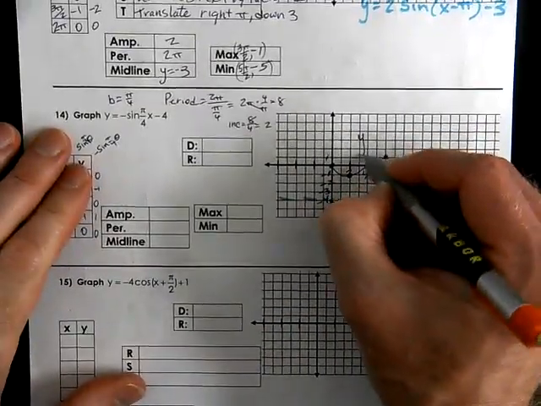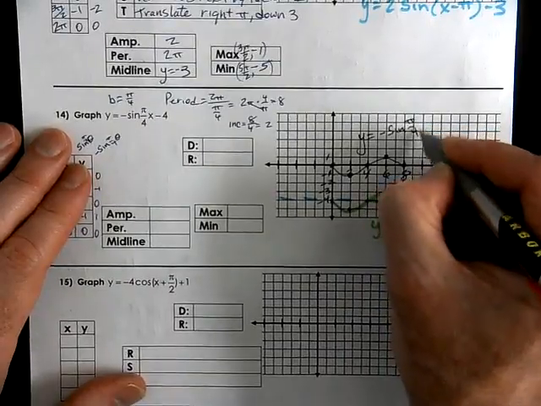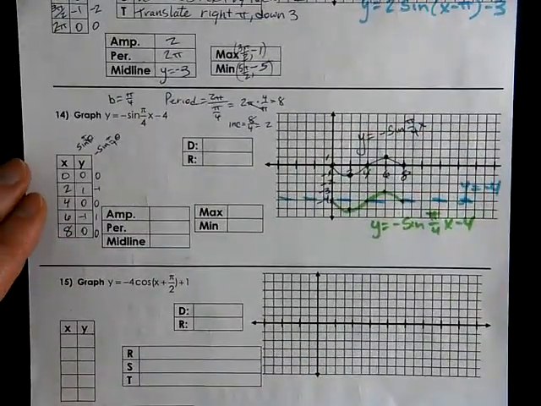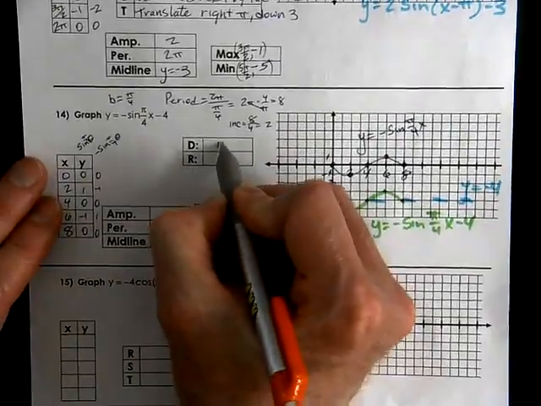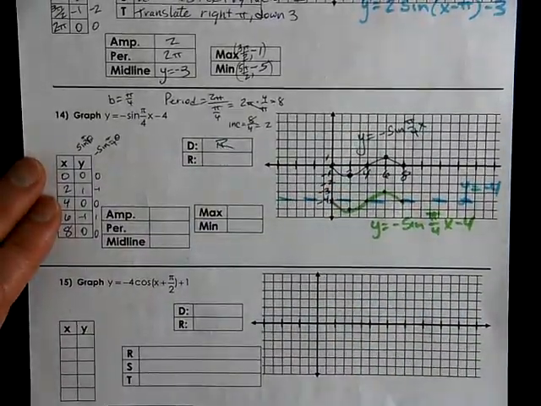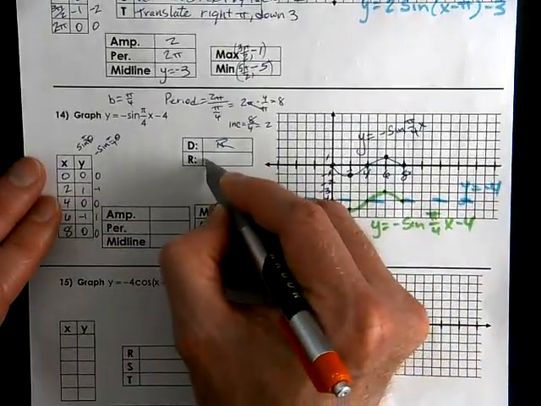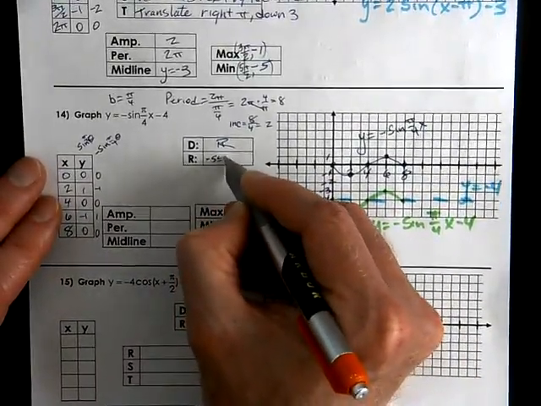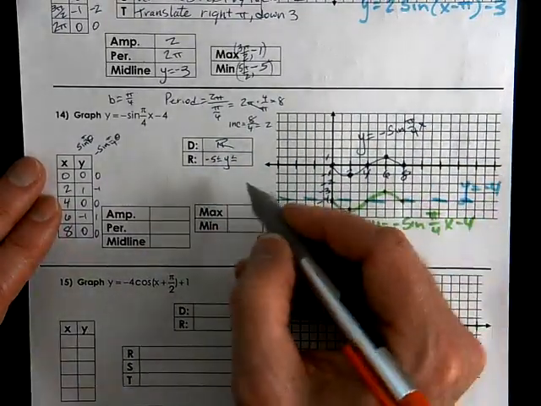This graph up here is just negative sine of pi over 4x. The domain actually goes on forever. It's all real numbers. The range of our green graph is going from negative 5 all the way up to negative 3.